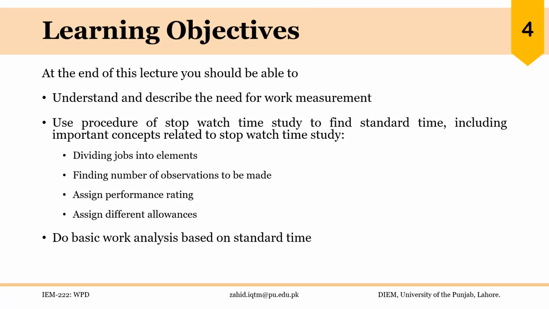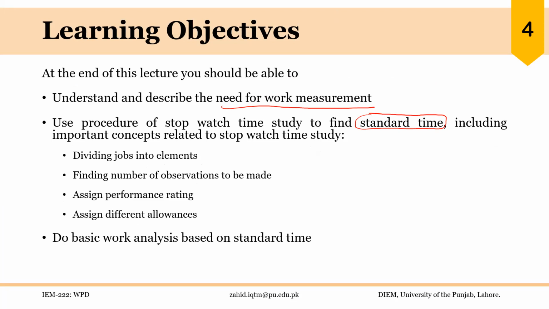So at the end of this lecture, you should be able to understand and describe the need for work measurement or time study. You should be able to use the procedure of stopwatch time study to find standard time. That is the ultimate output of this procedure of work measurement, that is to find standard time.